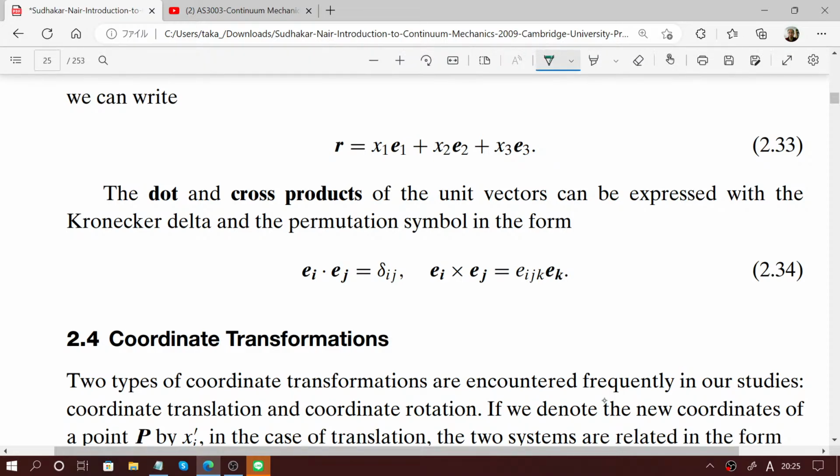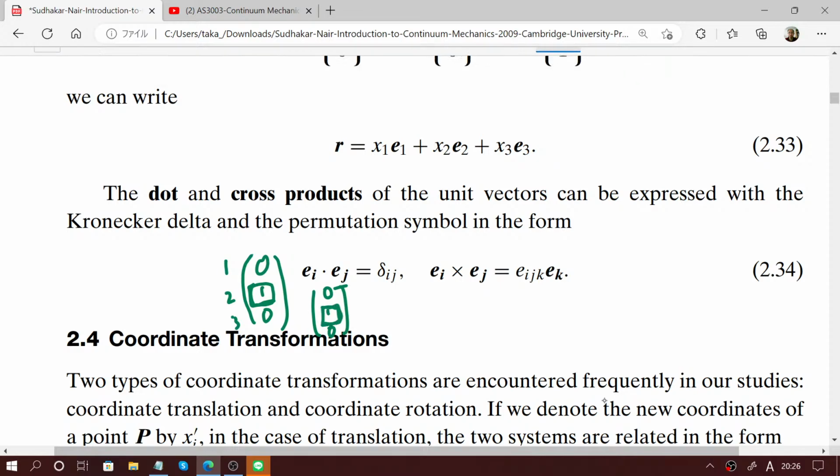I don't know. So this is like E, like 0, 1, 0, and the other one can be 0, 1, 0. So if this is I, J, K, or how do you call this? 1, 2, 3, 1, 2, 3. If you have 1 at the same position, then you will have 1.